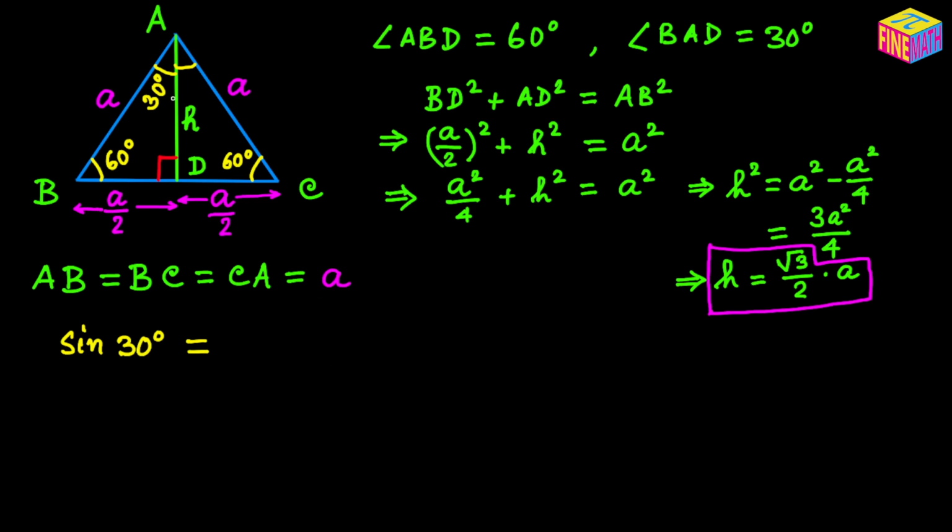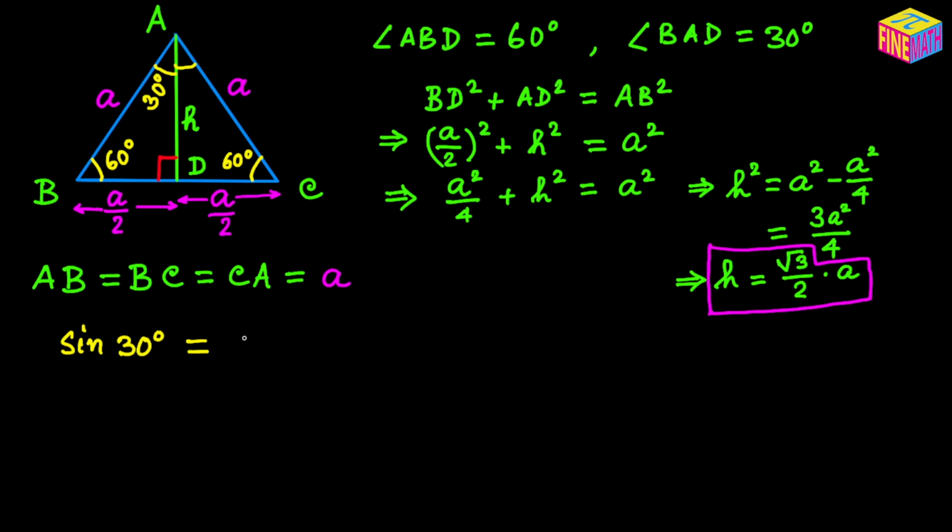Now the 30 degree angle is the angle BAD, right? Now sine is the ratio of opposite side divided by hypotenuse. Now for the 30-degree angle, what is the opposite side? Well, the opposite side is actually BD. If you look at the picture, you will clearly see that the 30-degree angle is actually looking at the side BD. So sine 30 degree would be BD divided by the hypotenuse, which is the AB.